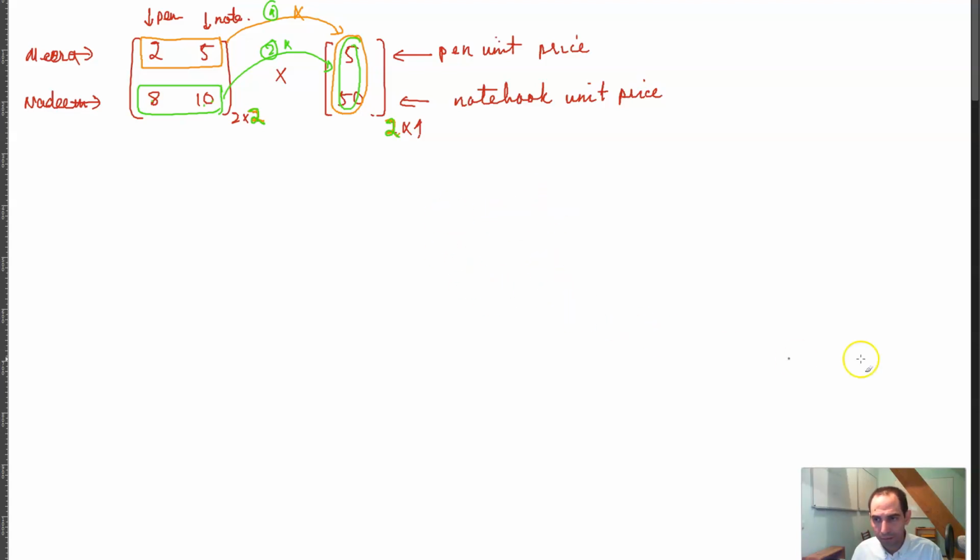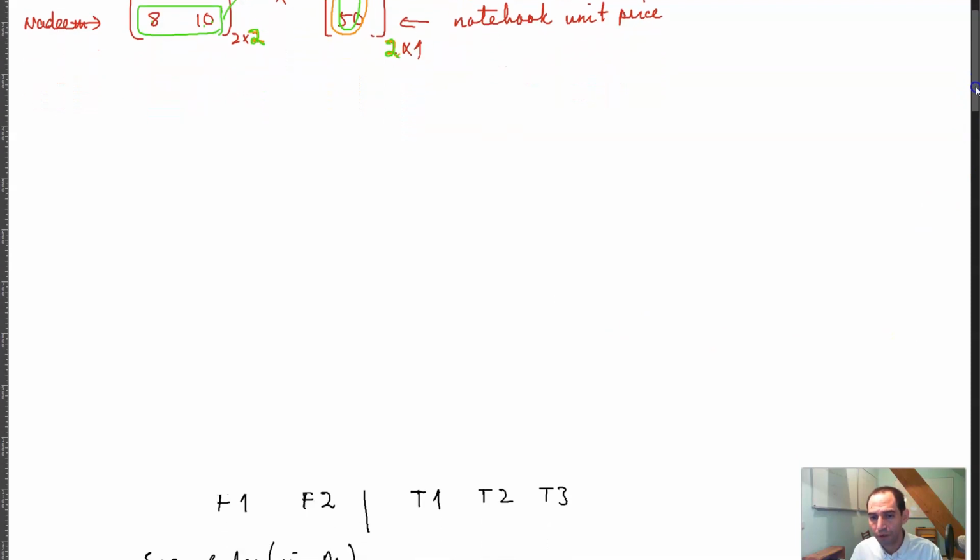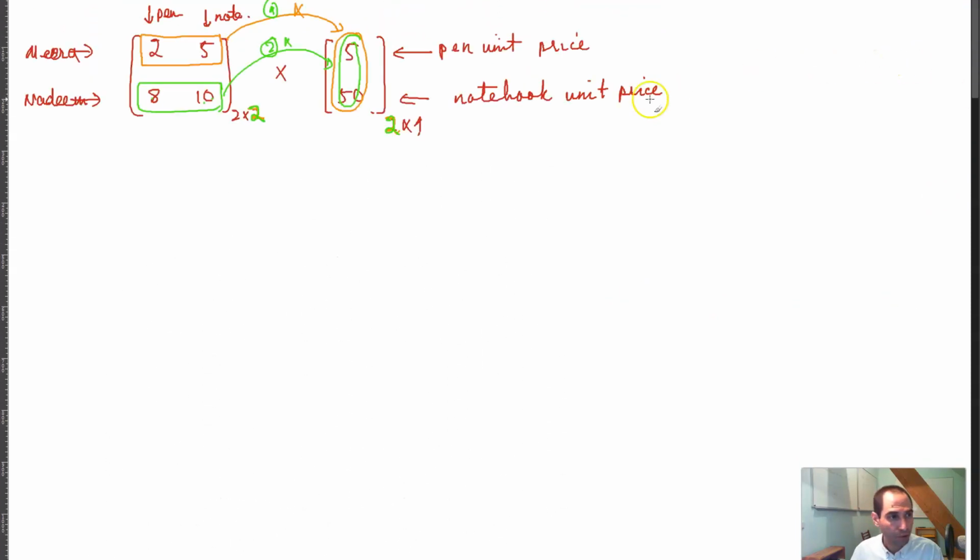Therefore, based on everything that we talked about so far, we can formally talk about matrix multiplication as follows.